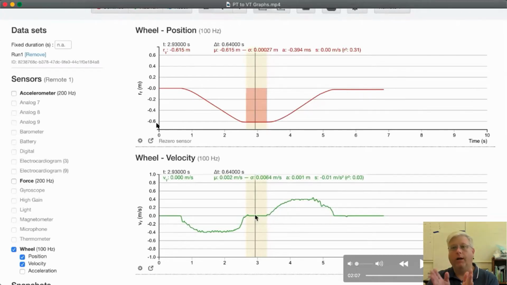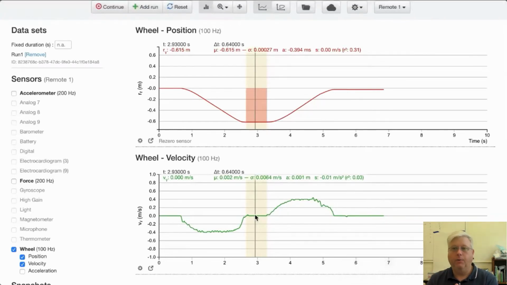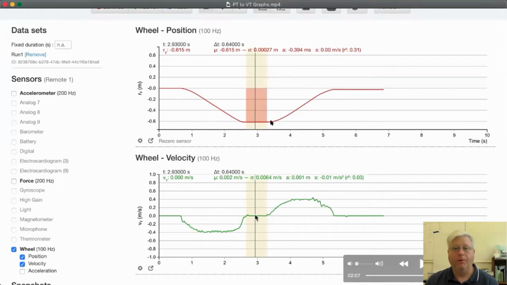So where I stopped the device momentarily was 0.6 meters to the left of where it started. It's staying at that 0.6 meter mark. Whereas on the velocity time graph, it's flat at 0 because it's at rest. So the velocity is 0 at that point.